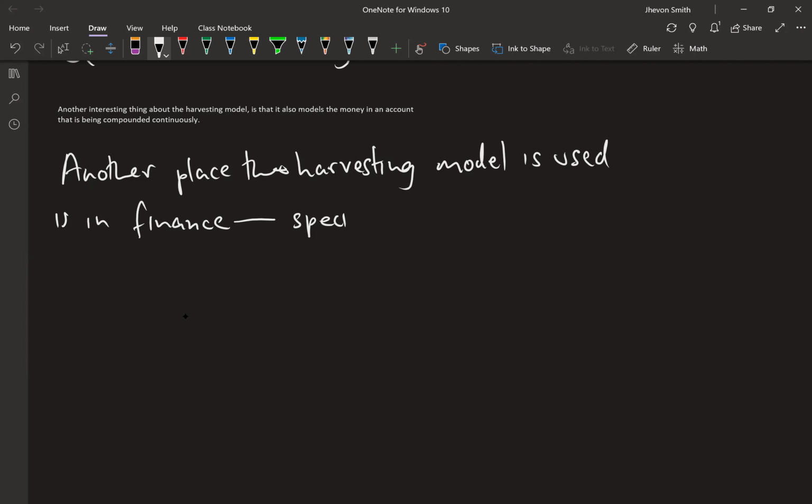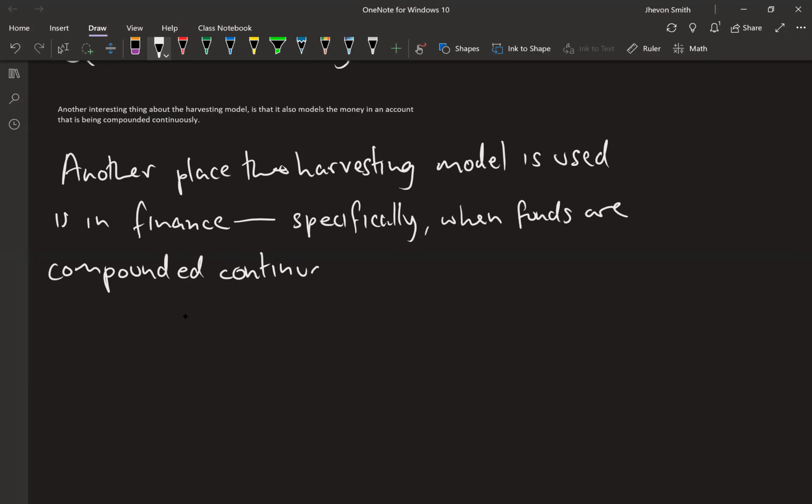Specifically, when funds are compounded continuously. Now, compounded continuously is not something that happens in reality, right?